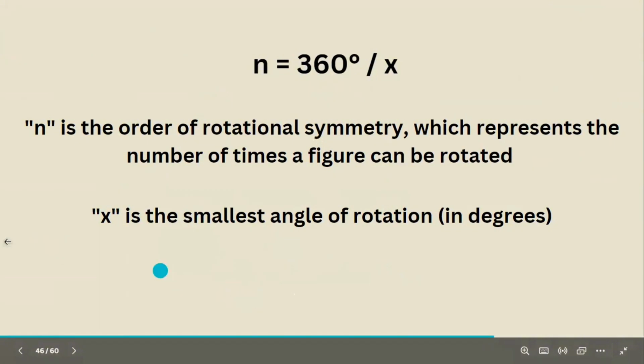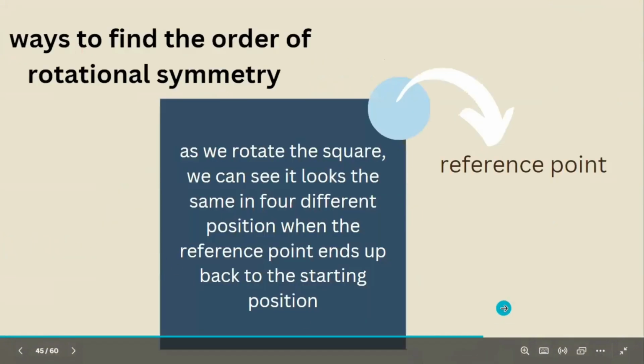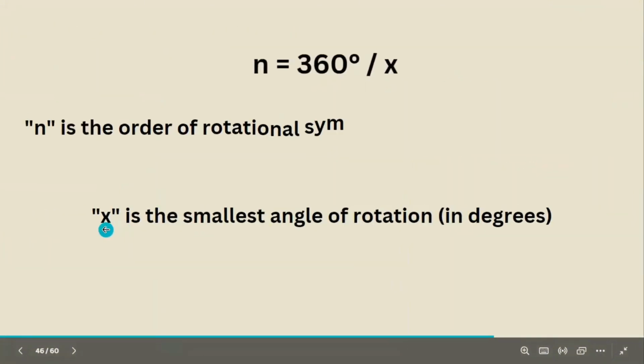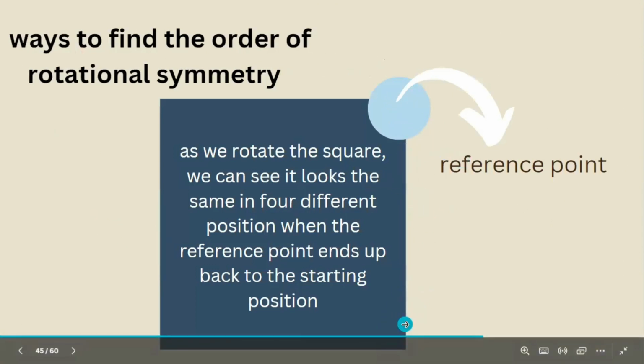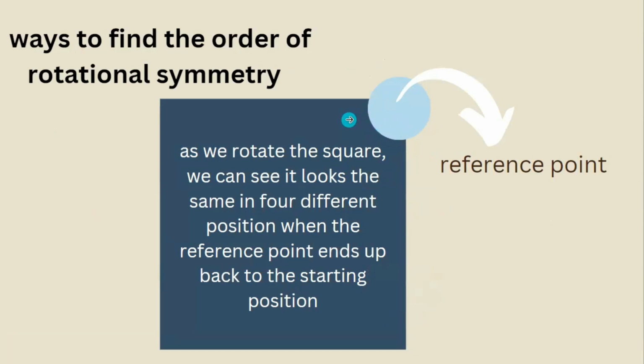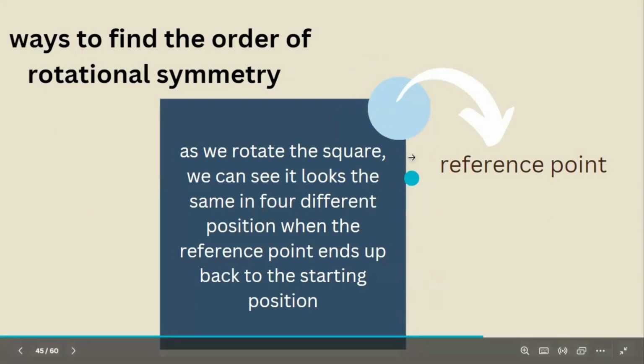So what do we mean by smallest angle of rotation? Every time we spin the square, what is the angle? For example, we spin the square, and from this to this, the smallest rotation is 90 degrees.